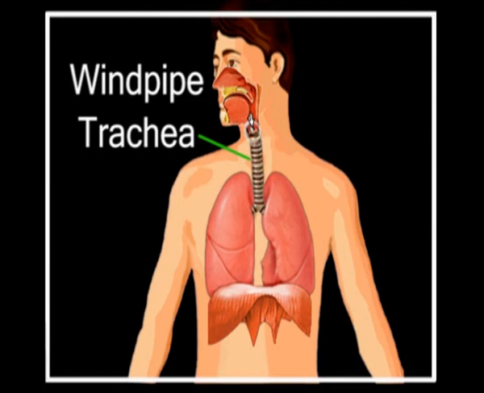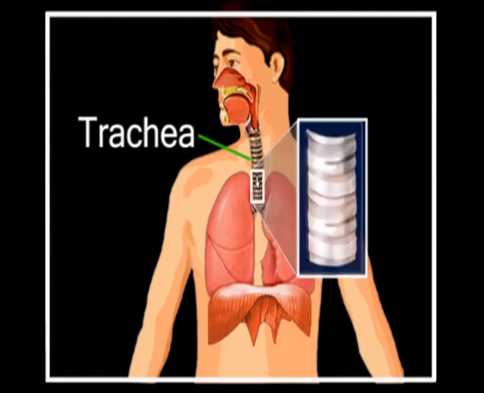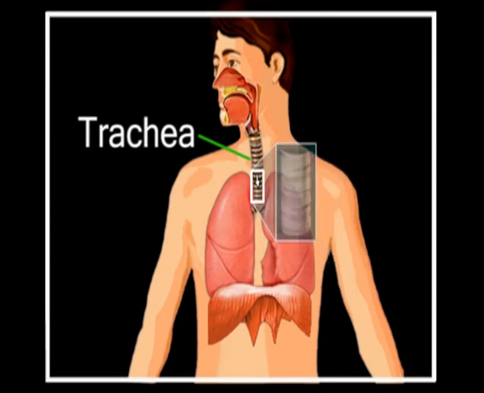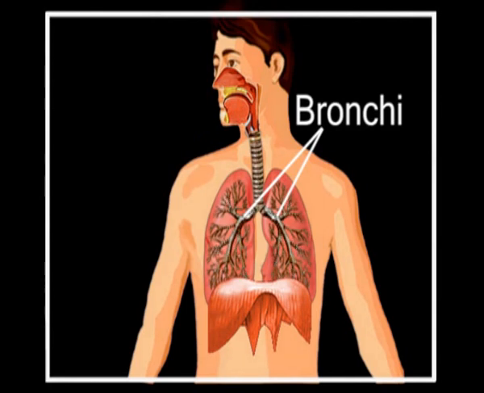The trachea is held open with the help of C-shaped cartilaginous rings as shown here in the visual. The cartilage protects the larynx and trachea from collapsing even when there is no air in them. The trachea then divides into two main branches called bronchi. Each is known as a bronchus.